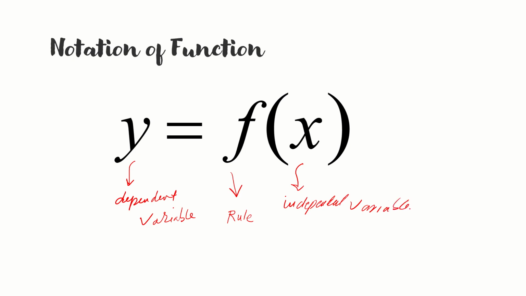Independent means that it is free for us, we can give any value to this x, whereas y depends on the value of x.